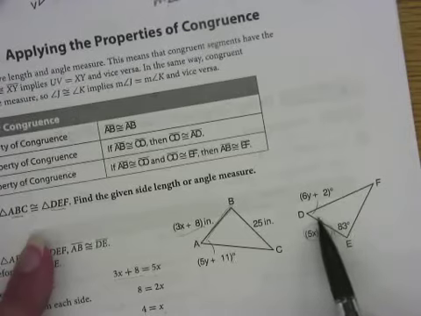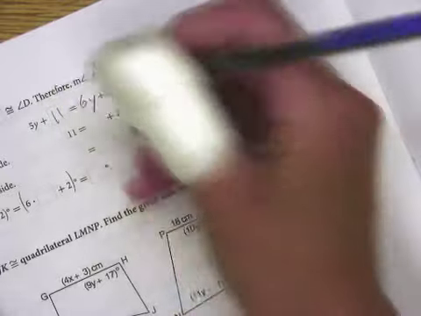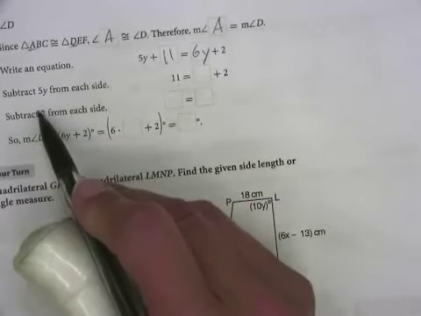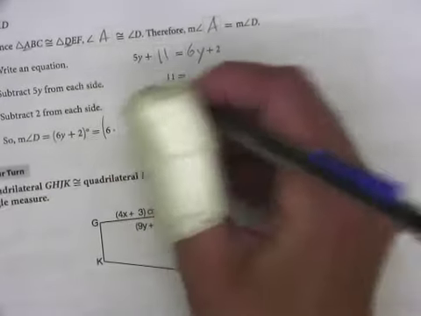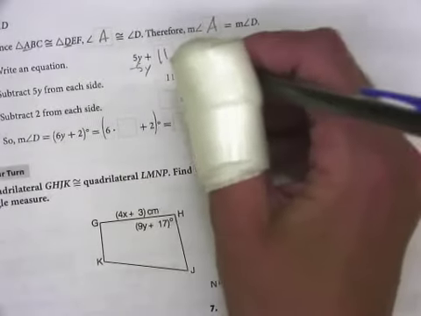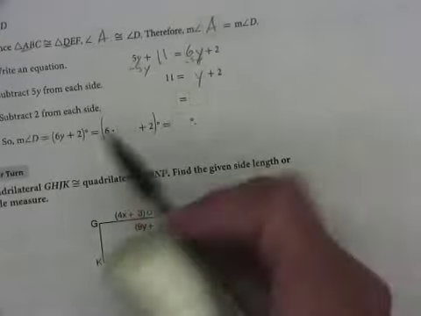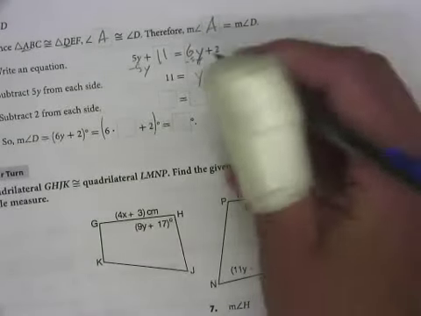So what is angle D in the diagram? Angle D in the diagram is 6y plus 2. And then we solve the equation. Notice that they're telling us subtract 5y from both sides. So when I subtract 5y here and subtract 5y here, that'll give me 1y, or just y.